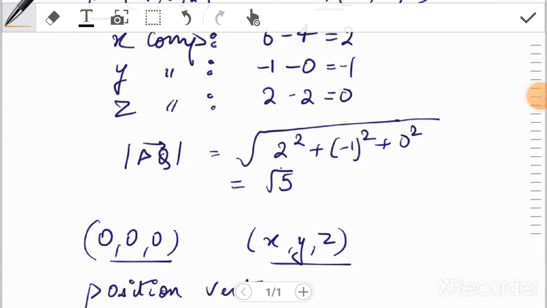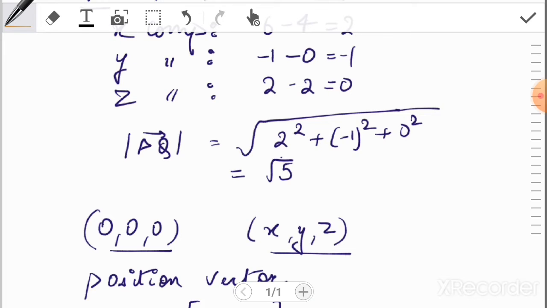Again, let us quickly recall dot product and cross product.